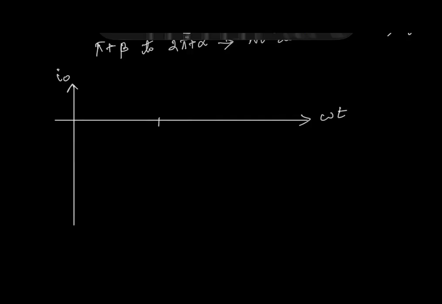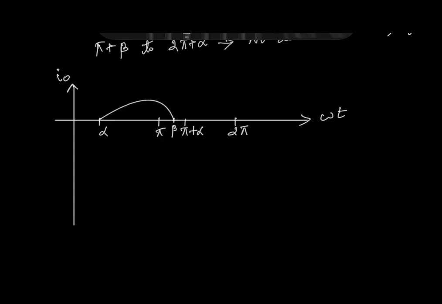So we will draw the current waveform alone. I0. Your current waveform will start from alpha and it reaches 0 at beta.